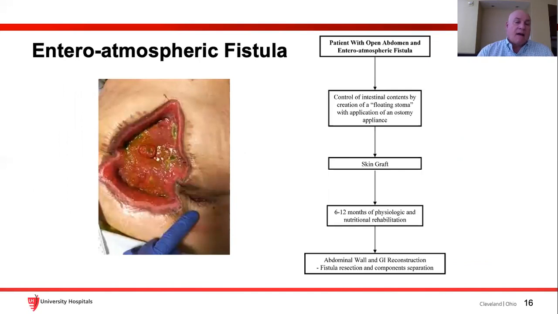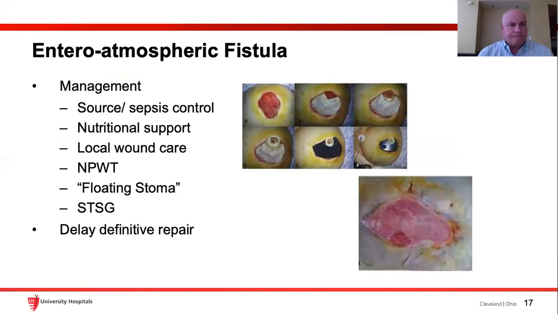The AAST evidence-based review provides this simple algorithm, which will be reviewed. The management begins with source and sepsis control, providing nutritional support first parenterally and enterally if possible. Local wound care is important and must be daily in many cases initially.